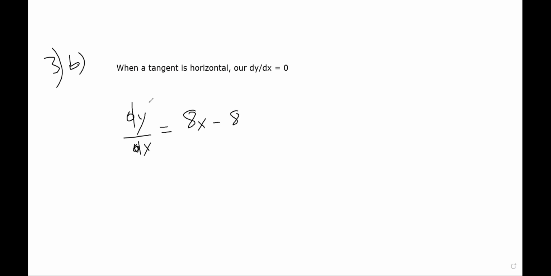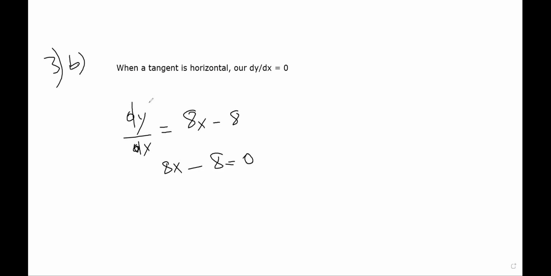So we equate our 8x minus 8 to 0. So we have 8x minus 8 equal to 0. And then all we need to do right now is solve for our x. Simple mathematics: carry over the negative 8 to the other side, so we have 8x on a side of its own.